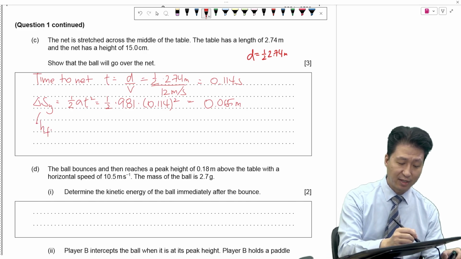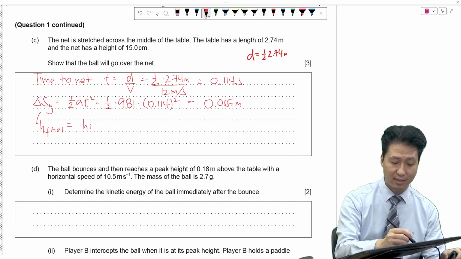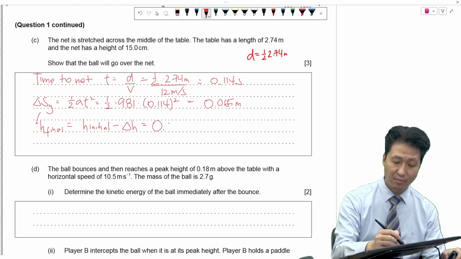Using this, we'll find the final height. The final height is the initial height minus this change in the height. Initial height is given by the problem as being 0.24 meters.